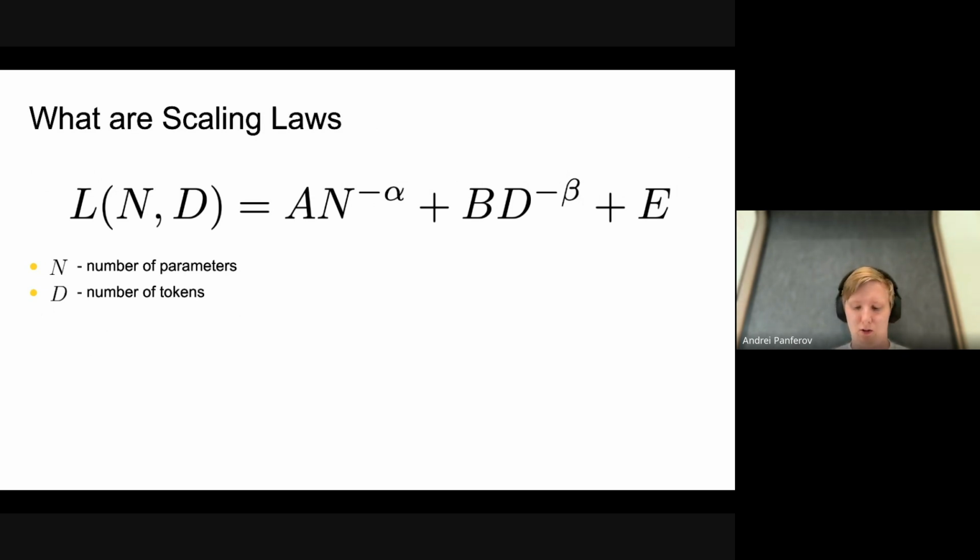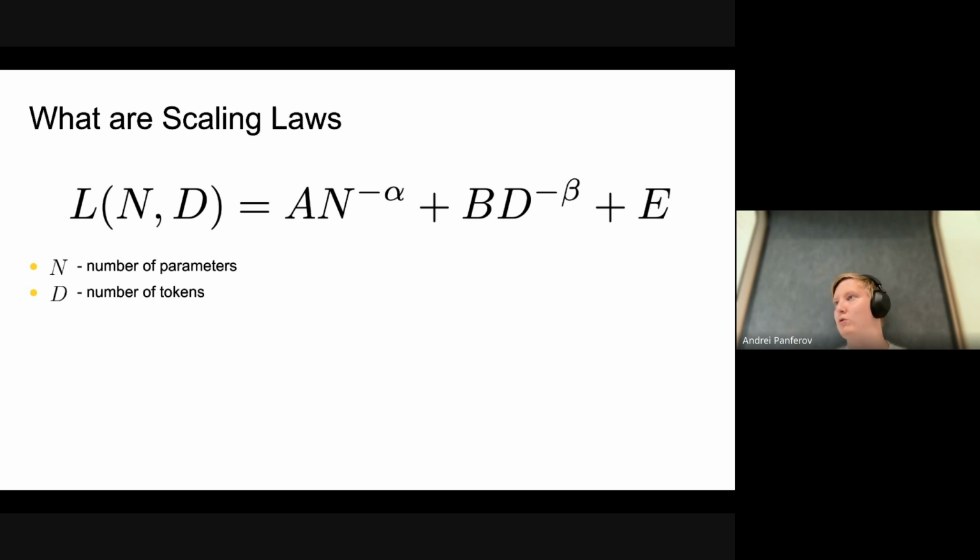So in general, scaling laws were proposed multiple times over the past years. They were proposed initially for finding some compute optimal model configurations, for example, where we can trade off parameter count for data, for the number of train tokens, to find the compute optimal model loss.